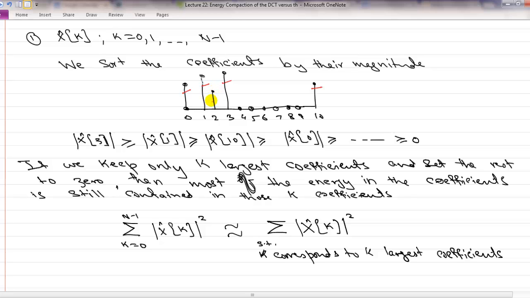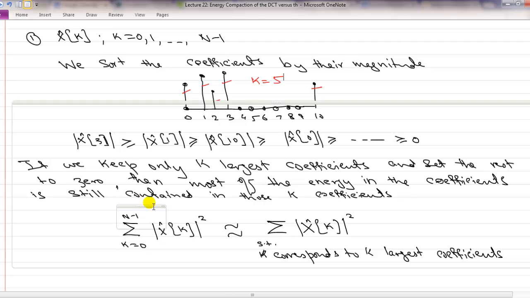And if I keep k equal to, for example, 5, then these 5 coefficients are enough for me to capture everything.